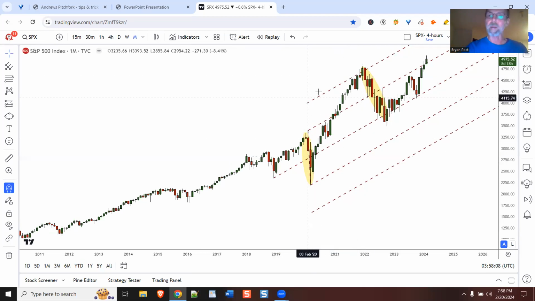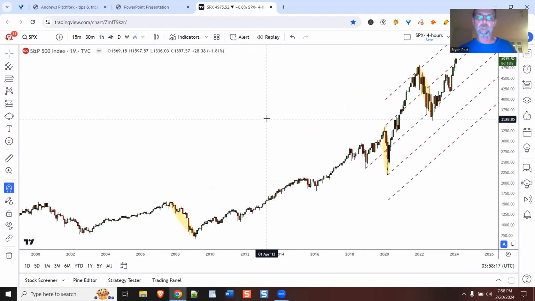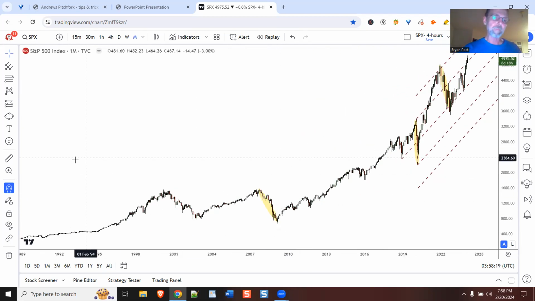And so anyway, this is another valid Andrews pitchfork where we've used this as the crossbar of the fork. Same thing with this as the crossbar.